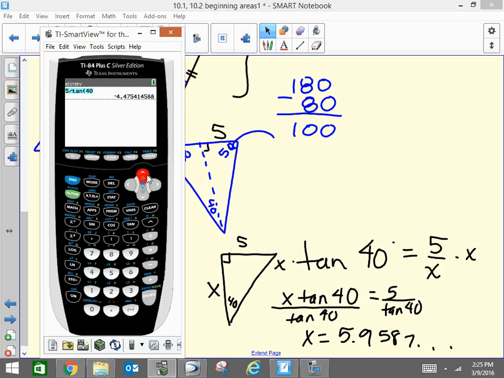And then what do we do? Plus 5 radical 3. Okay. Now, what is radians? That was a radian measure, and I had to switch my mode.